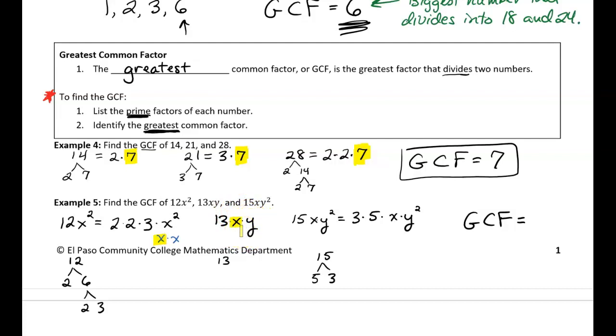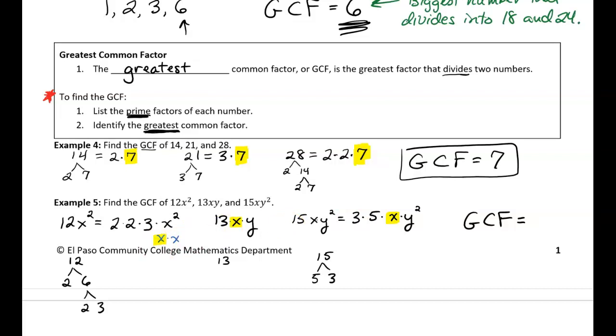But let's make sure our third one also has an x. Do we have an x over here? We do, right? We have this little x by itself here. Do they have anything else in common then? Do they have y's? I know these two terms have a y in it, but the first one doesn't, right? So these GCFs have to be in the factorization of all of our terms.